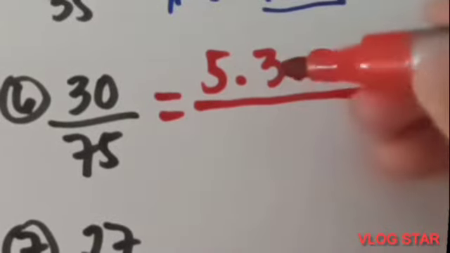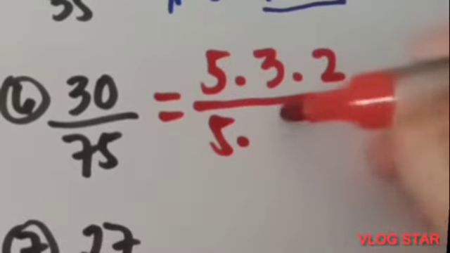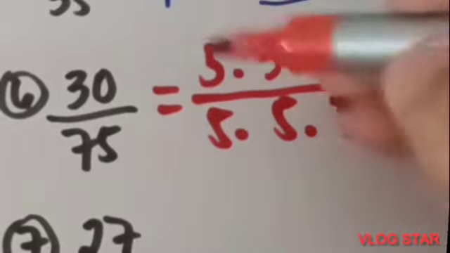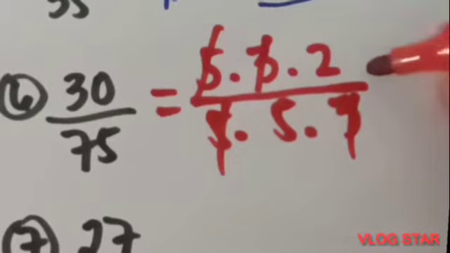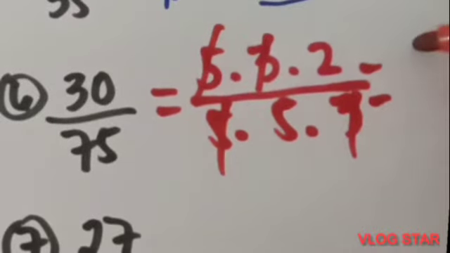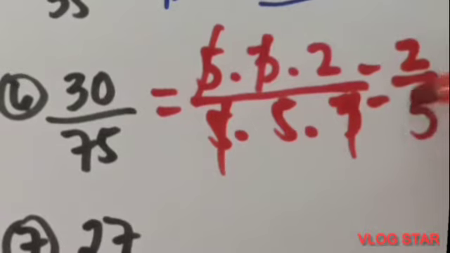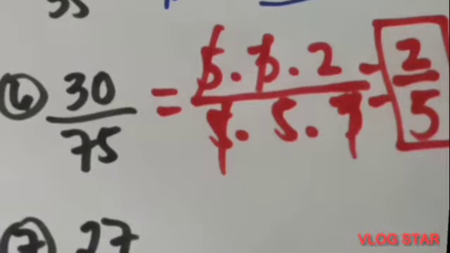So, ang 25 pwede pa nating i-factor. So, 5 and 5. 5, 5, 3. So, cancel ang parehas 5. Cancel ang 3 and 3. So, ang tamang sagot is 2/5.